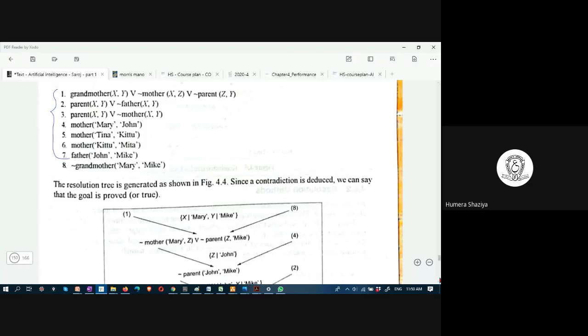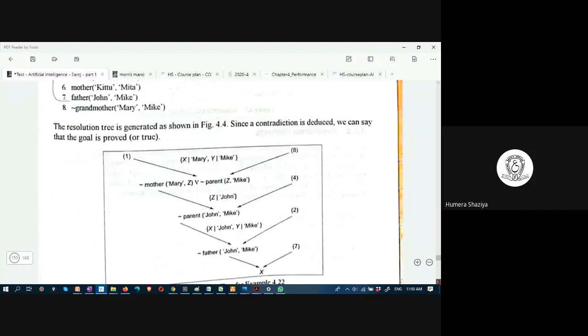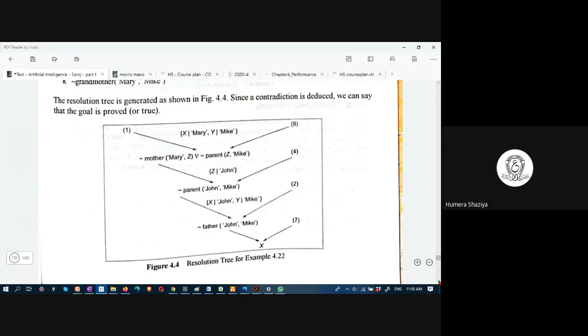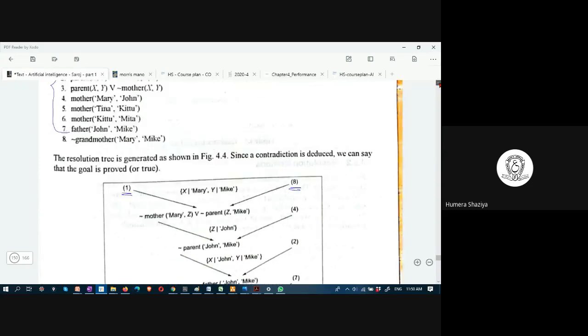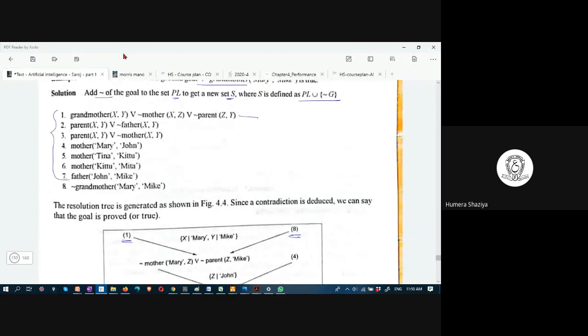Through resolution, you are creating a resolution tree. X given Mary, Y given Mary. How did you get this? From clause number 1 and clause number 8. From this, what do you understand? You are substituting Mary for X, this is X. X given Mary, Y given Mike.